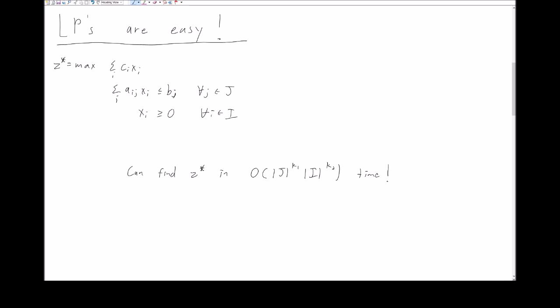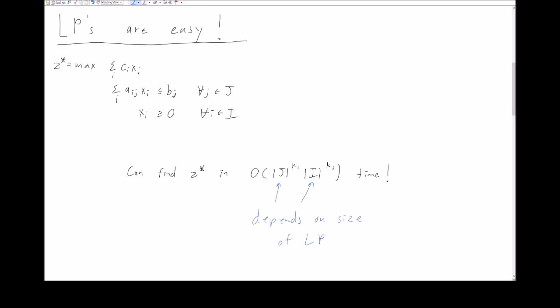What's important to notice, though, is that when we solve a linear program, the polynomial that it runs in, its running time, depends on the number of constraints and the number of variables. Here, the set j indexes all the set of constraints, and the index i indexes all the variables. The running time to solve this linear program depends on the size of the LP, and specifically, it depends on how many constraints and how many variables there are.